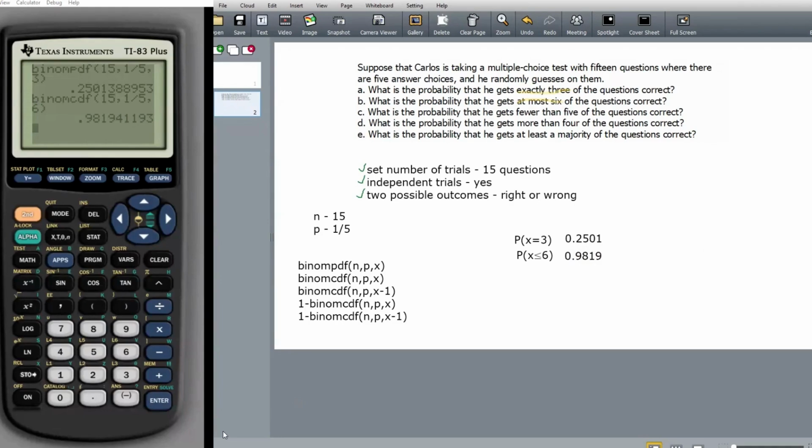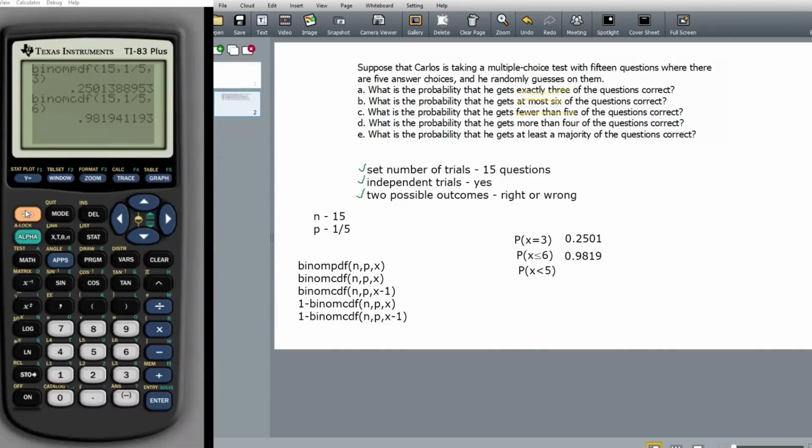For part C, it asks, what is the probability that he gets fewer than 5 of the questions correct? So in this case, I am trying to calculate the probability that x is less than 5. So I can use my third scenario.